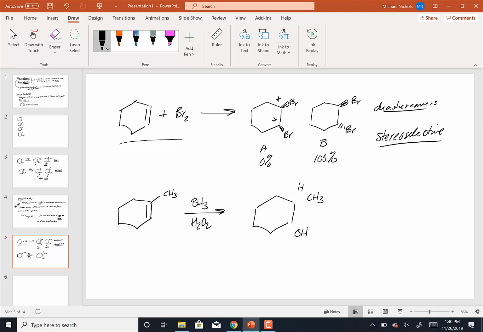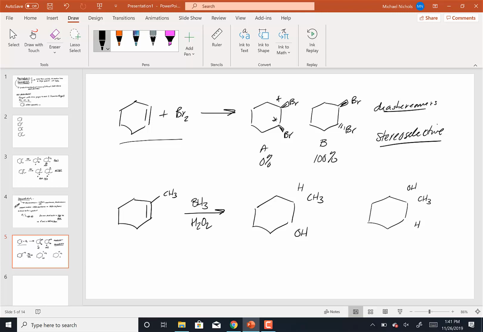Now I'm just writing the major product as far as the regioselectivity goes. This is the other possible product adding the H and the OH. I just haven't put in my bold and dashed wedges because that's the next thing I'm going to do.